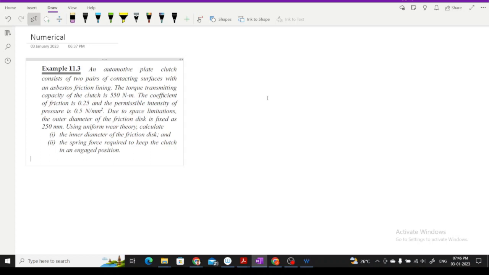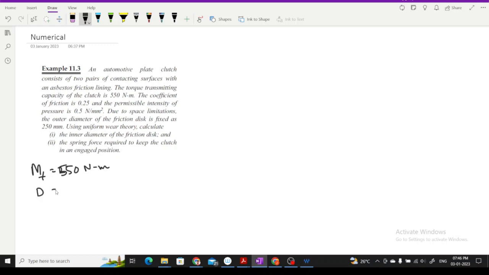So here the data are given here. Please mute yourself. First, you can note down the given data right here. The torque transmitted is 550 Newton meter.